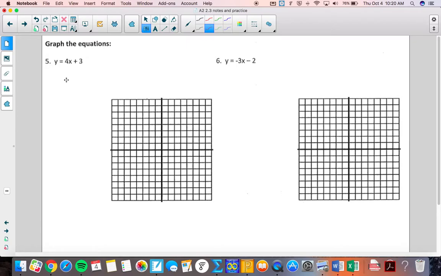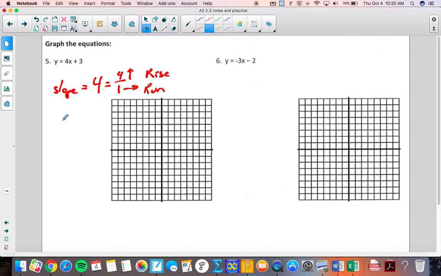Graph the equation. Well, so my slope is 4, but I actually want to write that as a fraction. We actually sometimes want to see fractions, especially when we're graphing lines and we want our slope written as a fraction because the numerator is your rise and the denominator is your run. So I'm actually going up 4 every time I go over 1.